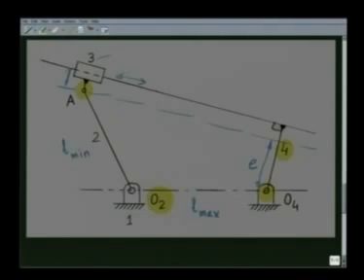If we measure this L min and E, we will find that L min plus E is greater than L max.